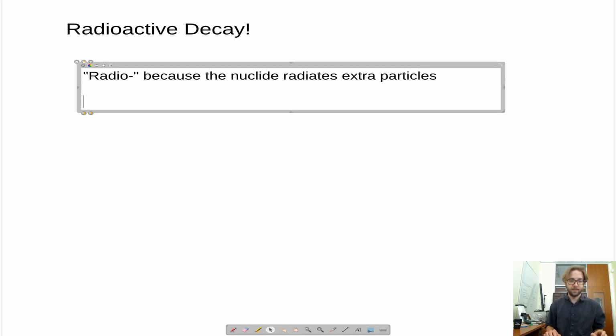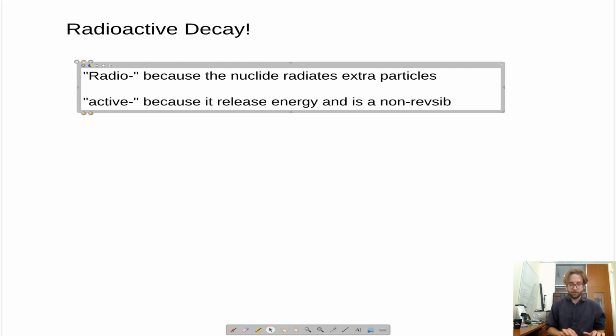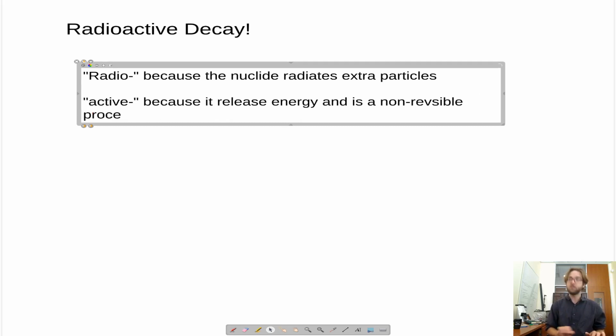The "active" part is because it releases energy and is a non-reversible process. That is, once the particle has been ejected from a nucleus, it's not coming back in.